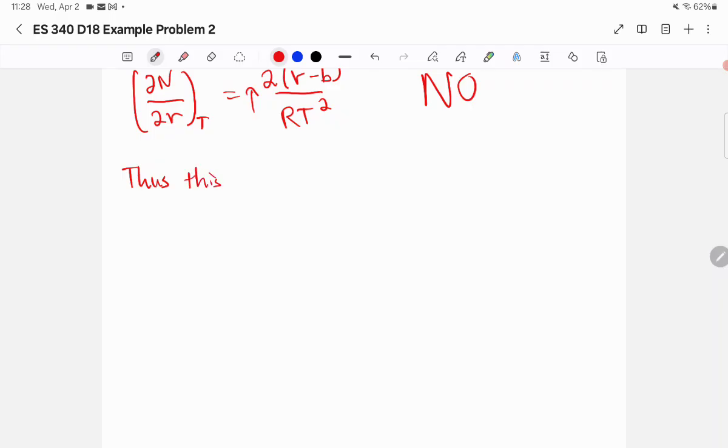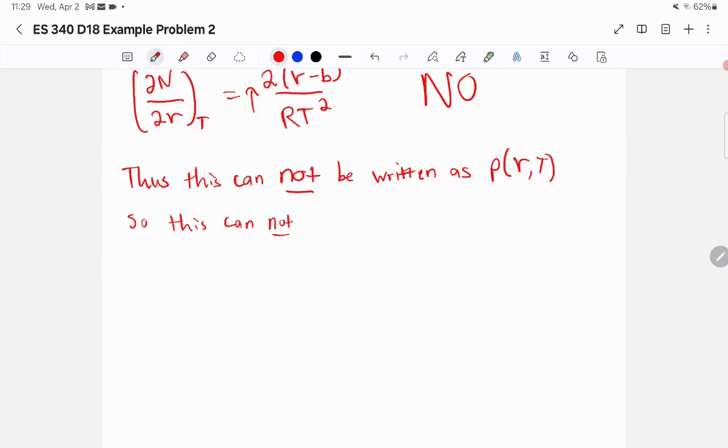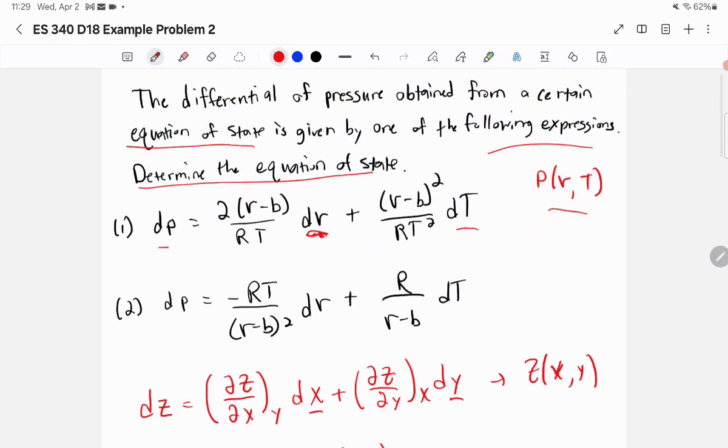So because of that, this cannot be written as P of V, T. So this cannot represent an equation of state when it's written in this form.